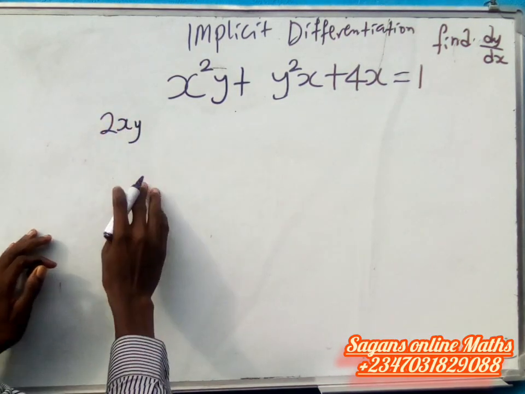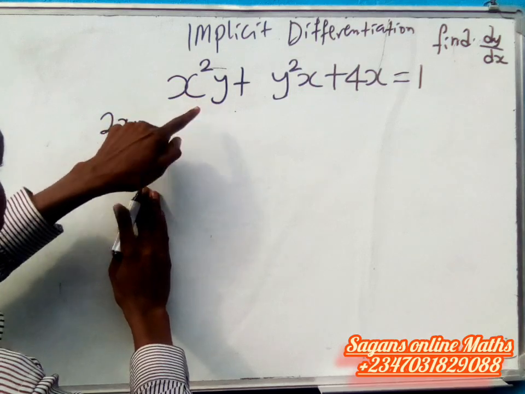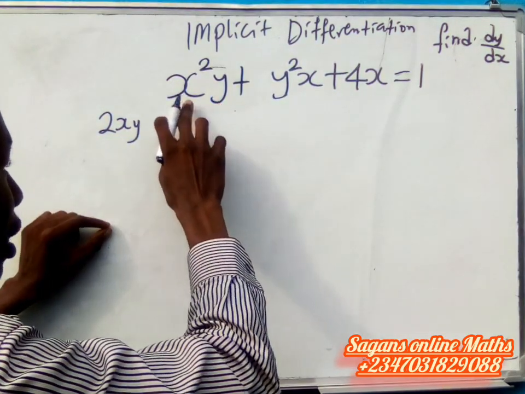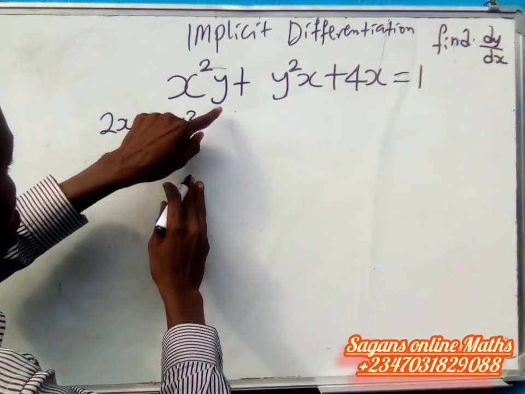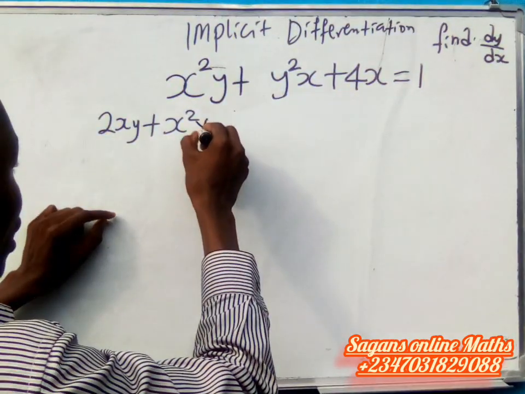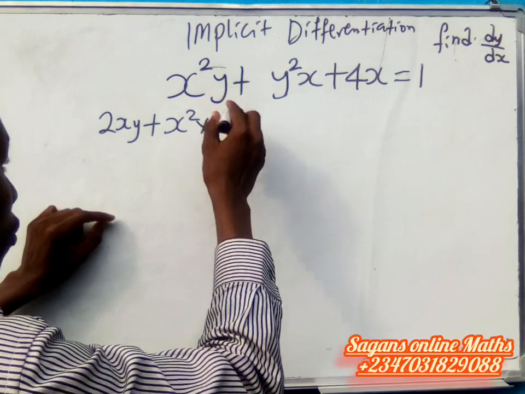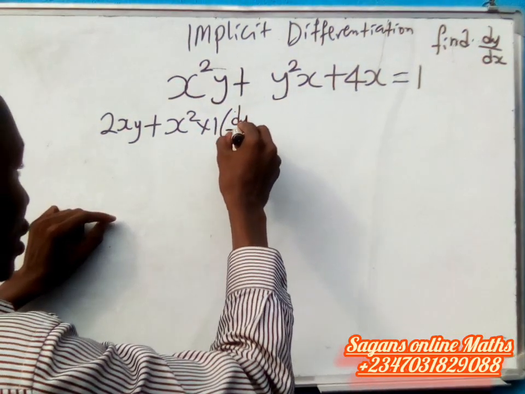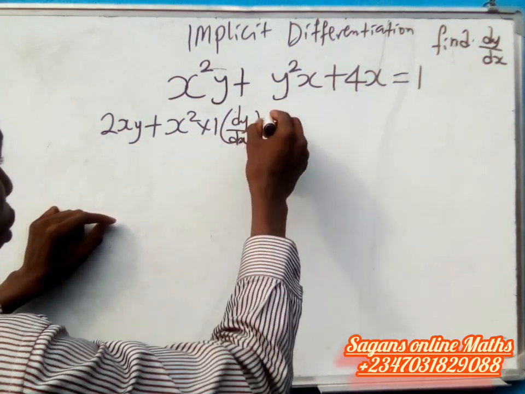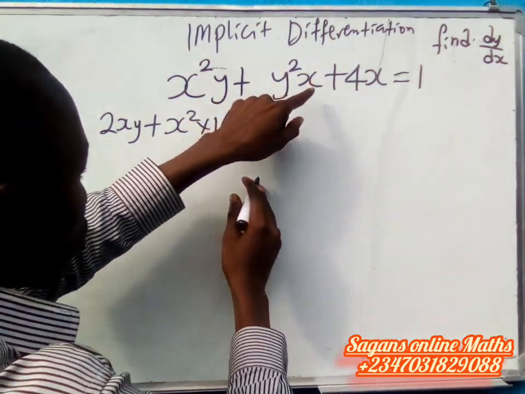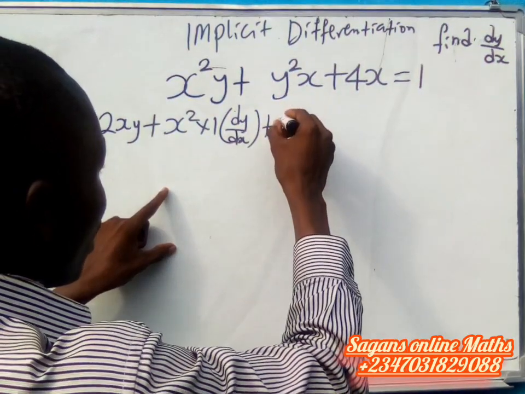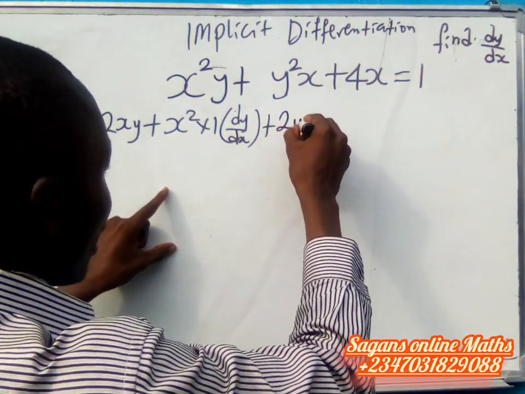Now if we differentiate x squared, I'm going to have 2xy. That means I differentiate x squared and keep y constant. Then I differentiate y and keep x constant, plus x squared. Differentiating y gives dy over dx, so plus x squared times dy over dx. Then plus: I differentiate y squared and keep x constant, giving 2y times dy over dx.